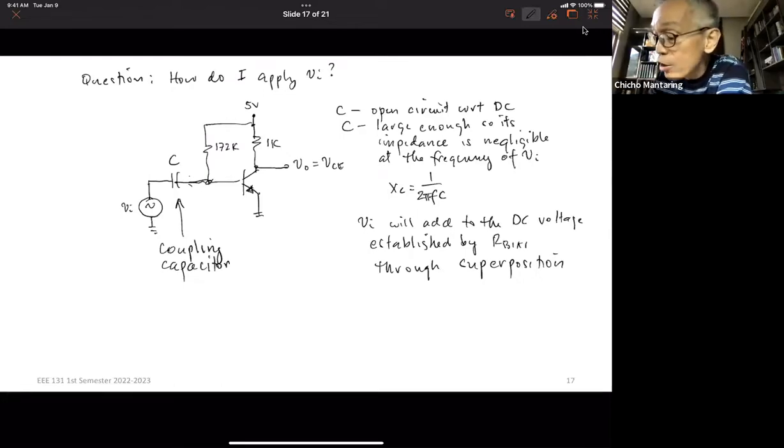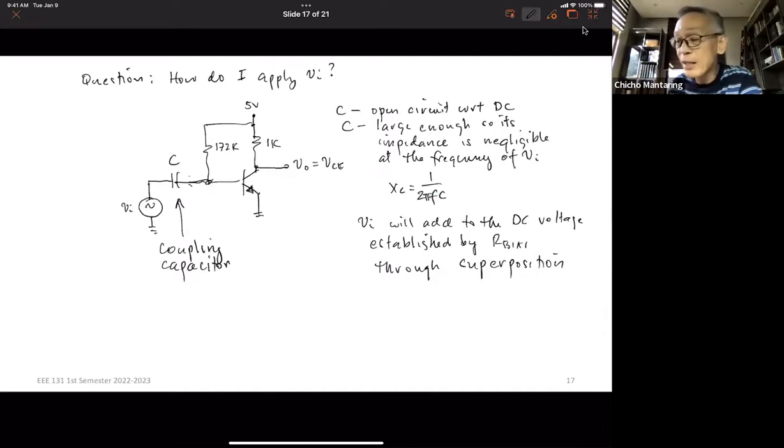But you cannot make C arbitrarily high, because that affects the frequency response of your entire circuit. You're going to study that in module 6, frequency response. The value of C should be just right: negligible at the frequency of your input, but not too high. If C is too high, your time constants, which you learn in a basic circuits course, become very long and your transients become too long, and your frequency response also becomes affected.